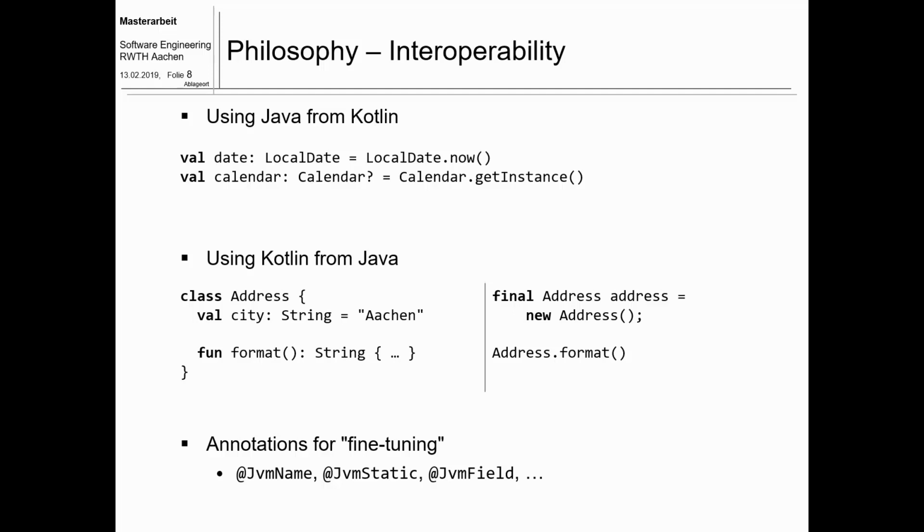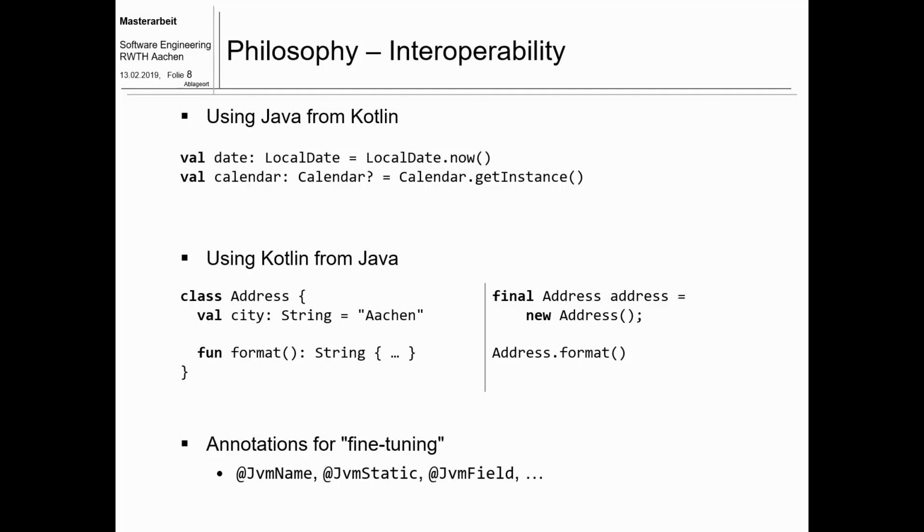You can just use the class, call the methods on it. At least on a high level, there are some friction points again, which I'm not going to go into too much detail here. But you can find this in chapter 5 of the book that's part of my thesis. What's interesting to mention here is that there are some annotations that have the JVM prefix, which basically allow you to intercept or fine-tune the compilation process, so how Kotlin actually maps to Java class files or to Java bytecode to some degree.